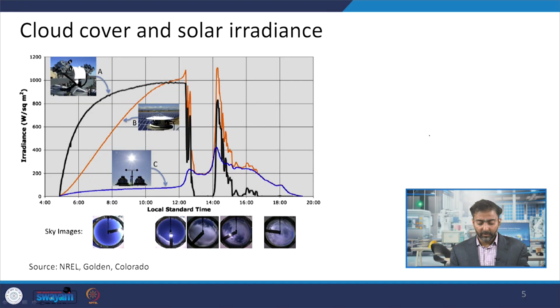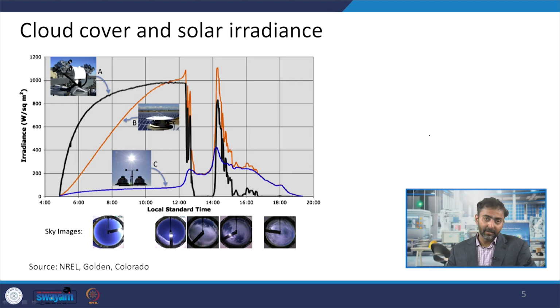Now I am showing you this particular graph, having discussed the three components in quite a bit of detail. It would be interesting to look at this graph. As you can see here, there are three curves shown on this set of axes, A, B and C. Any guesses which one is which component of radiation?